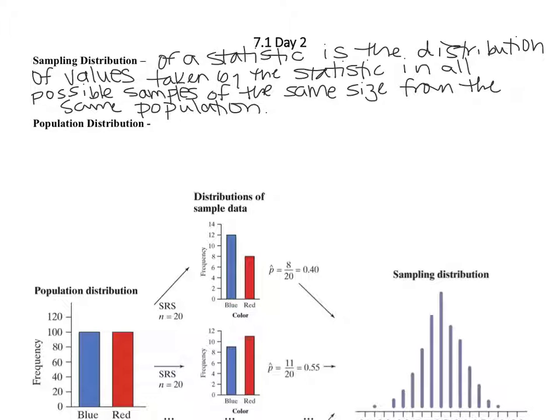What's most important is where it says all possible samples of the same size from the same population, and that'll be kind of your clue that it's a sampling distribution.